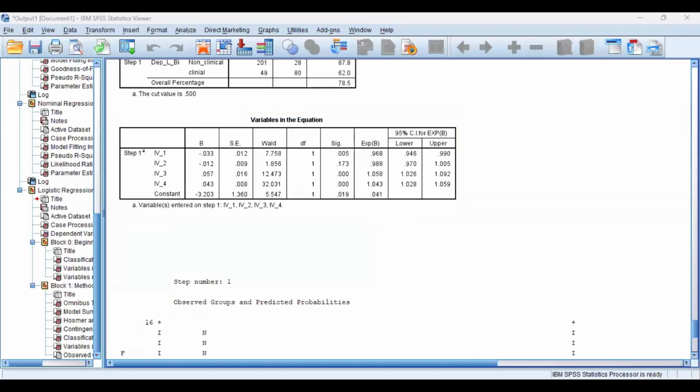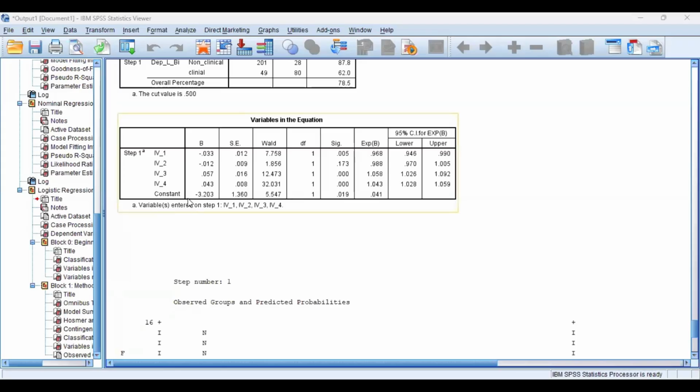That means that in this case, if I do those calculations, the number would be 4.3%. Then I can interpret that each unit increase in IV4 can significantly increase the odds of clinical depression by 4.3%. So 4.3 is the percentage that I achieved out of that calculation.